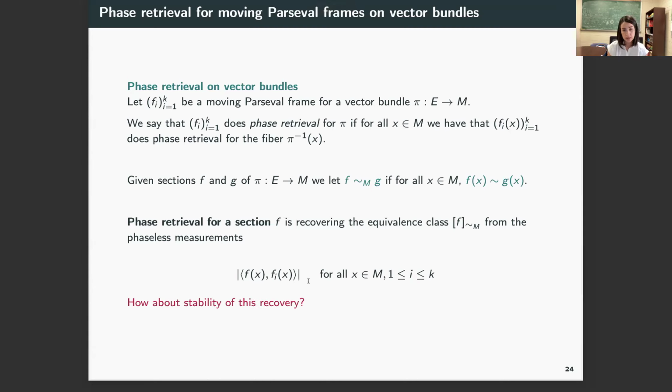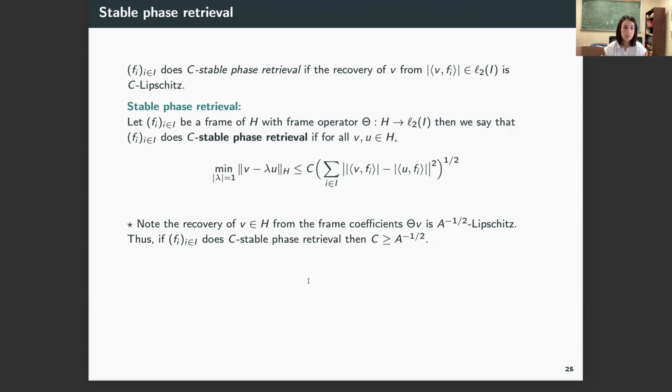Another question that we can ask here is how does the stability work for this recovery? Whenever we have phase retrieval, we're asking how the stability works. In general phase retrieval, we say that a frame does C-stable phase retrieval if the recovery of my vector from these magnitudes is C-Lipschitz.